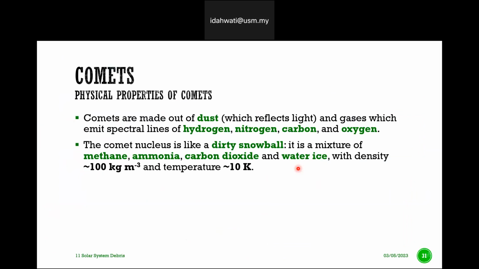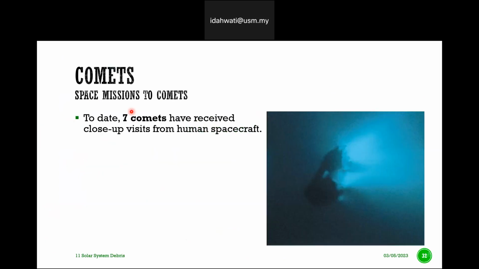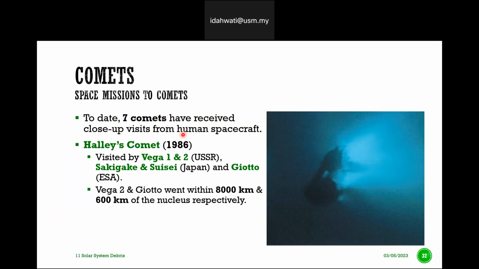Okay, now we go to the next topic, the space missions to comets. To date, several comets have received close-up visits from human spacecraft. There is Halley's Comet, visited by Vega 1 and 2, and also from Japan, Sakigake and Suisei, and Giotto.